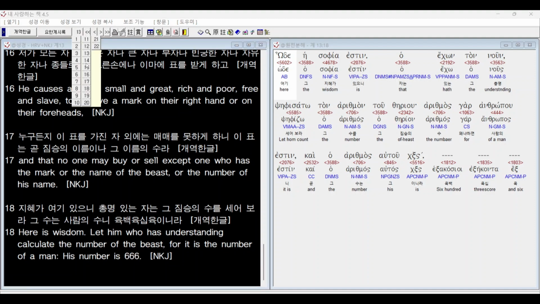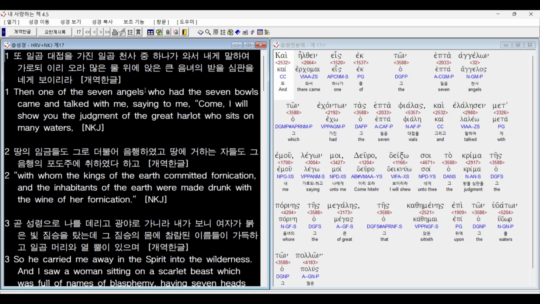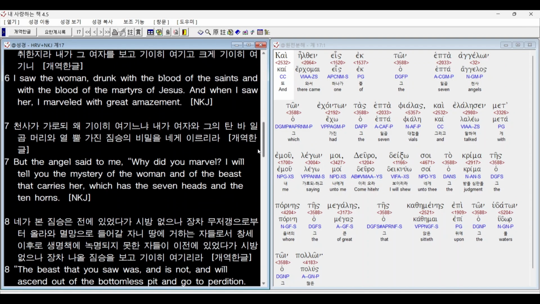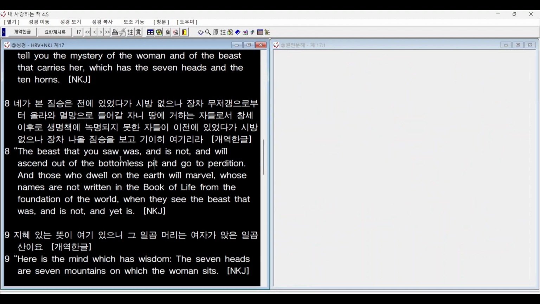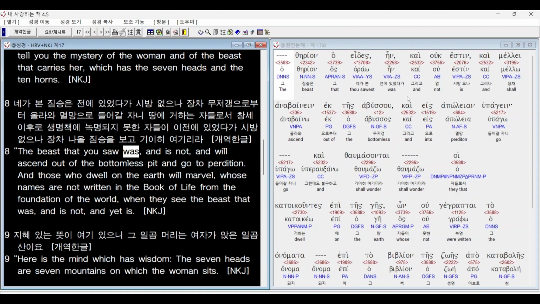That's why their conclusion is when they go to the 17, the beast that you saw was. If you look at the was, you see here, we just looked at that in John chapter 1 verse 1. Verb, indicative, imperfect, which is an imperfect belief.